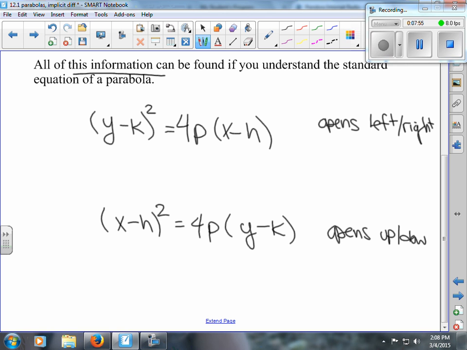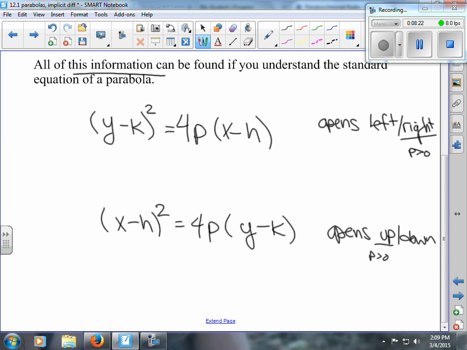Whether your parabola opens in the positive direction or the negative direction depends on p. So p is everything here. When p is positive, then you open in the positive direction. Positive direction would be right or up. And vice versa, the negative direction would give you left or down.